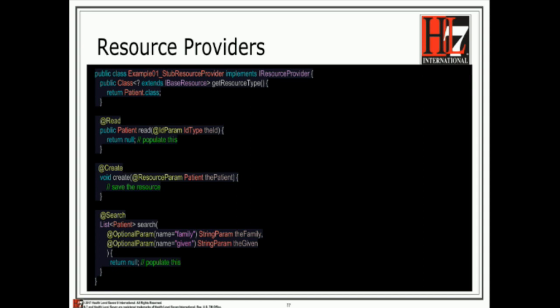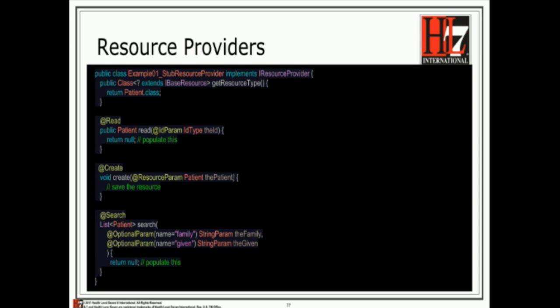And that method should have at least one parameter that is annotated with @IdParam. That tells the framework that this parameter should be the ID of the resource that the user is trying to read back. And of course, in my example, I'm returning null, which is not a real example. In the real example, I would take that ID, understand that I should go to some database or some file or something like that, read the data back, create a patient resource, and return it from the framework.